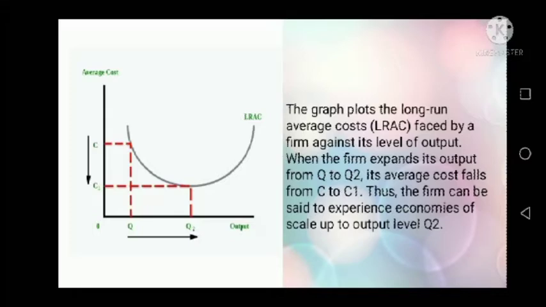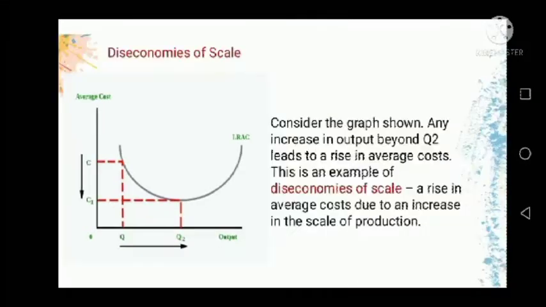When the firm expands its output from Q to Q sub 2, its average cost falls from C to C sub 1. Thus, the firm can be said to experience economies of scale up to output level Q sub 2, while any increase in output beyond Q2 leads to a rise in average cost. This is an example of economies of scale.